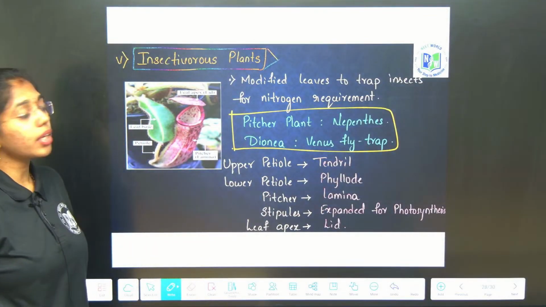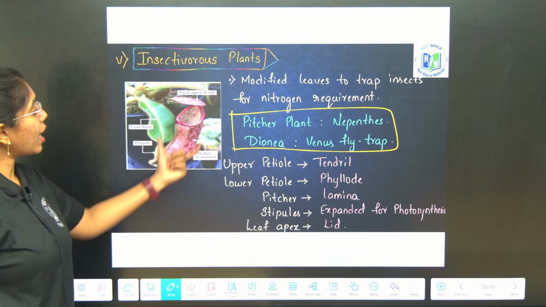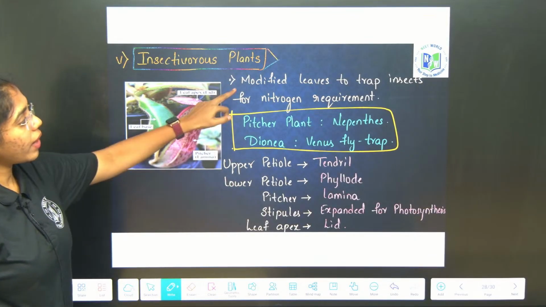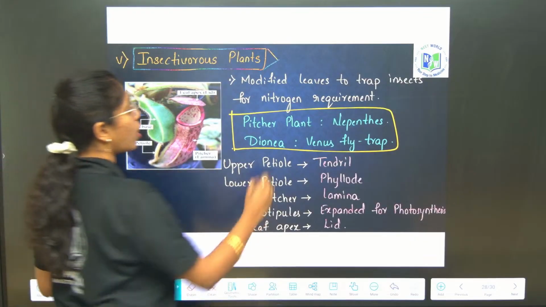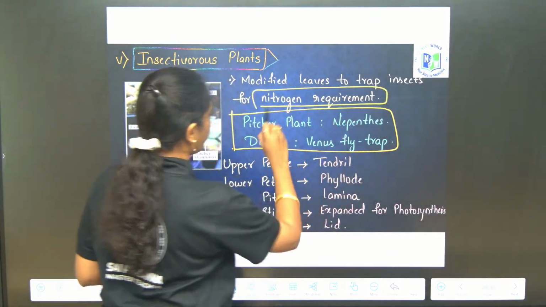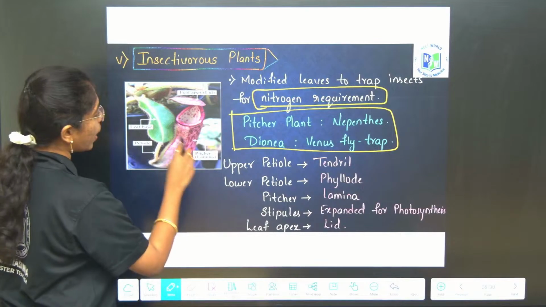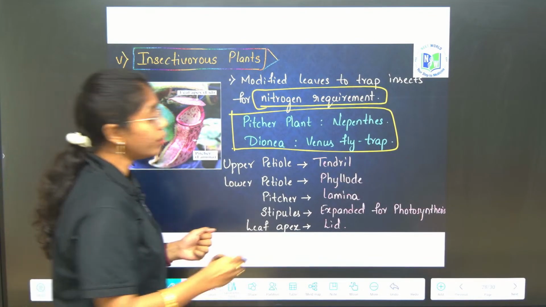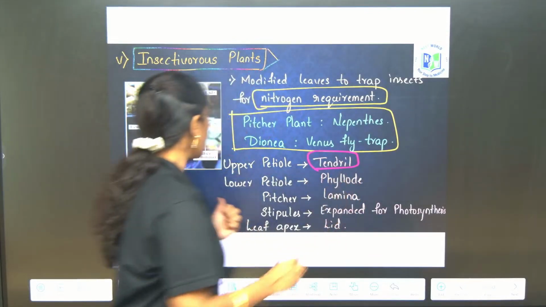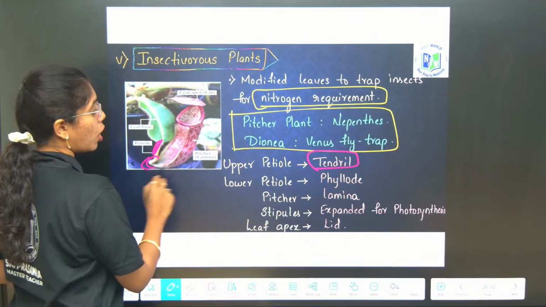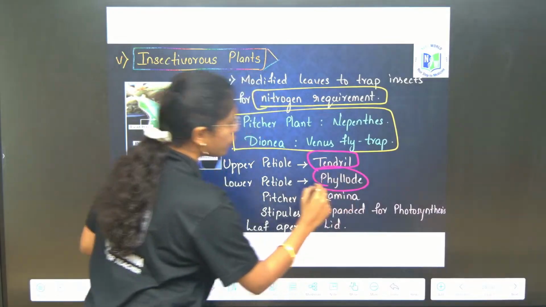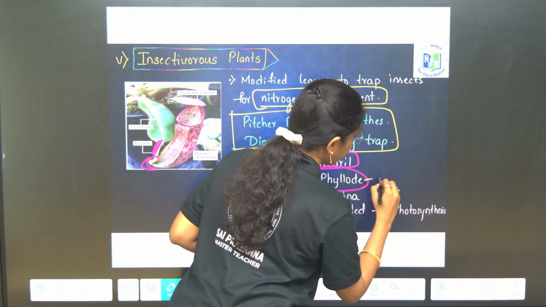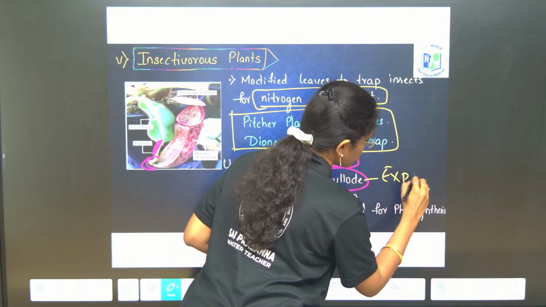So here in insectivorous plants, the complete parts of the leaves are modified to different structures, where modified leaves will trap insects for what? Nitrogen requirement. So here if you see, the upper petiole is modified to tendril, the lower petiole is modified to a phyllode, fine, which is swollen or expanded and performs photosynthesis.